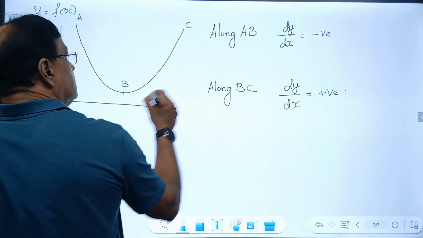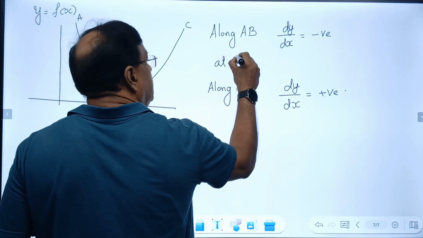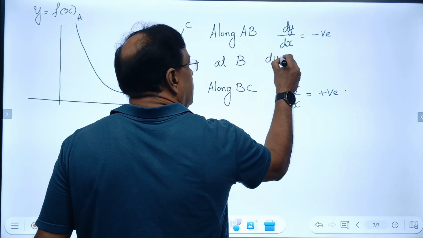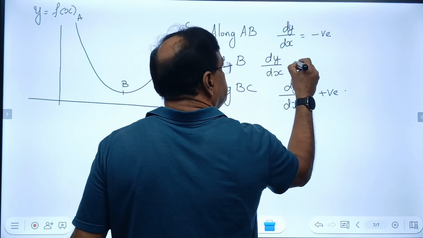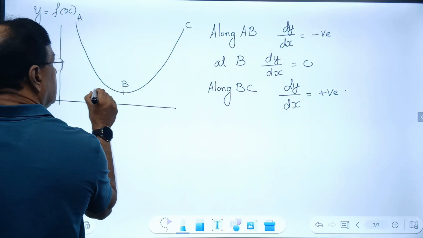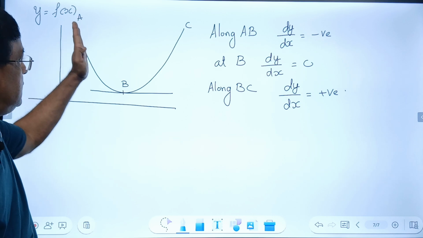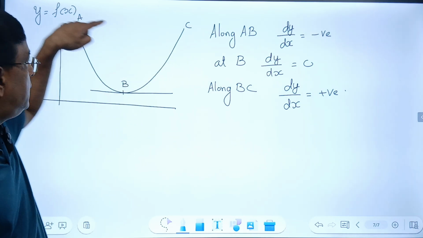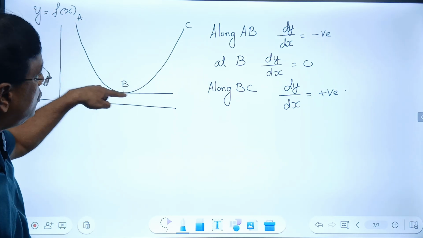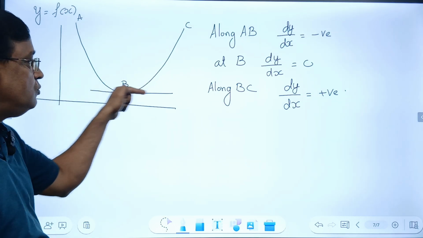So where will that 0 be? At B, dy by dx is 0. This is the point where the tangent is parallel to the x-axis. The tangent takes a turn from negative slope to positive slope, passing through 0.